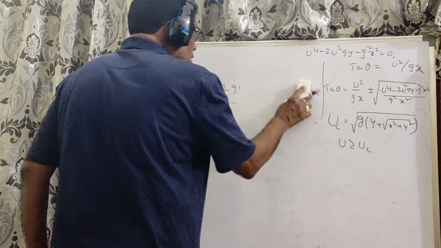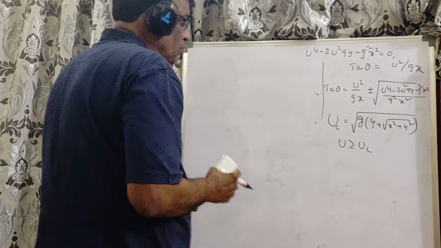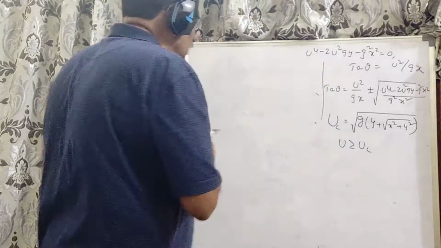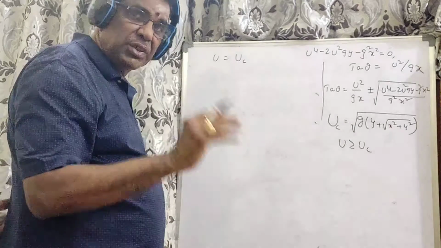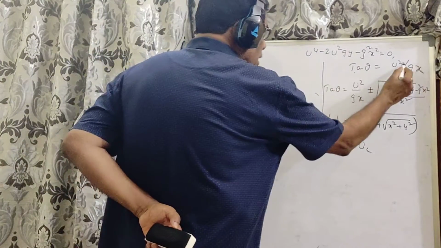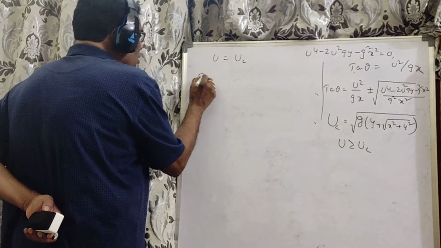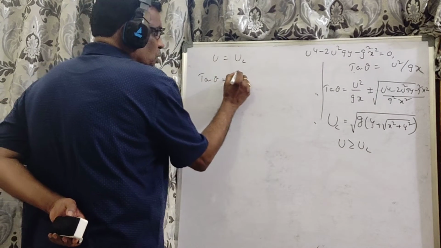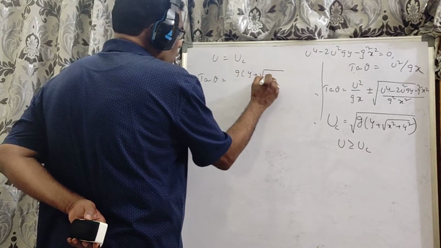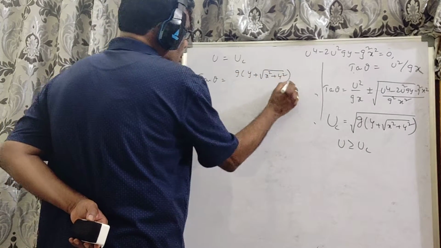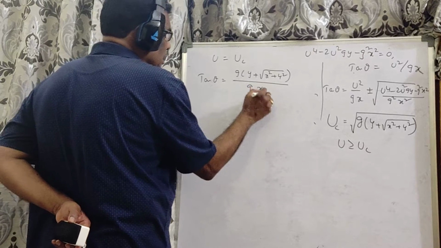You got that? That means if U is equal to UC, that means I am projecting with minimum speed, then tan theta must be how much? U square, that is g into y plus root of x square by gx.